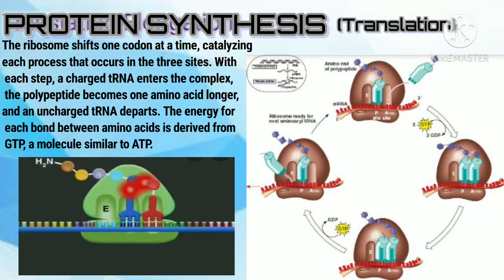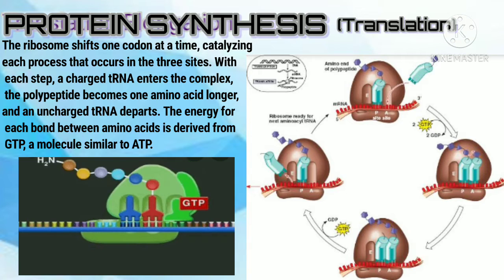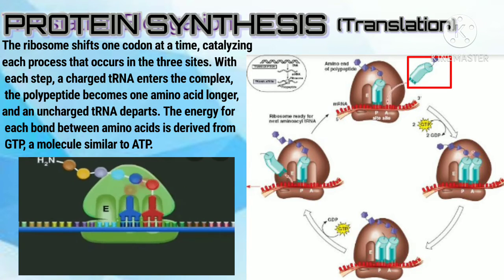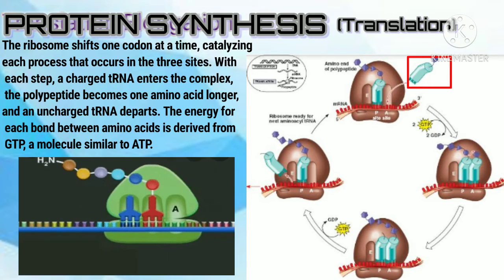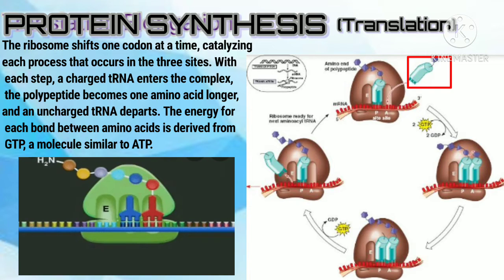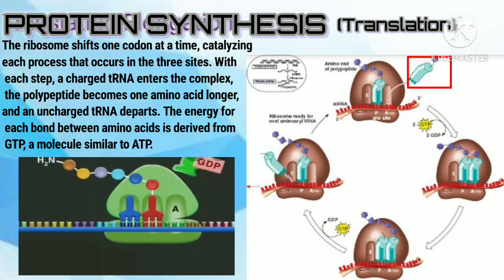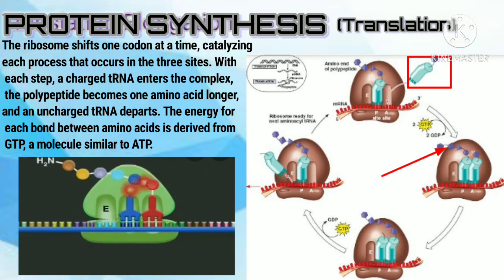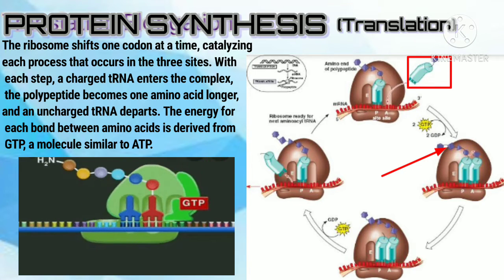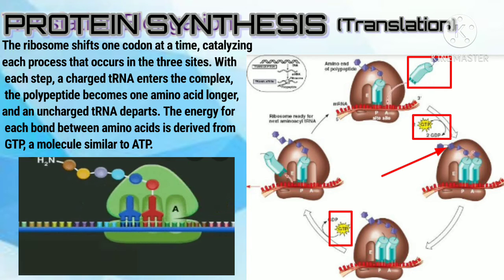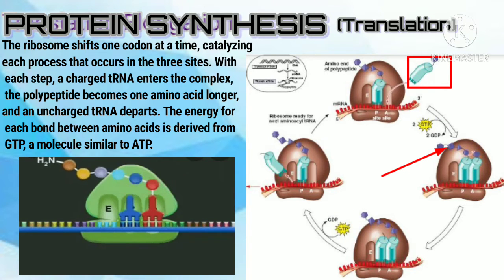In elongation, the ribosome shifts one codon at a time, catalyzing each process that occurs in the three sites. With each step, a new tRNA enters the complex, the polypeptide becomes one amino acid longer, and an uncharged tRNA departs. The energy for each bond between amino acids is derived from GTP, a molecule similar to ATP.